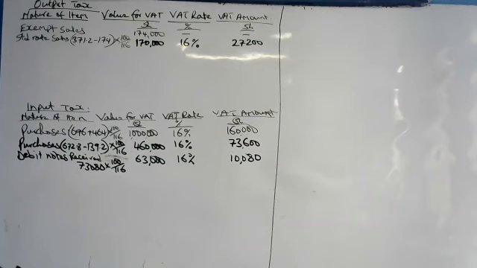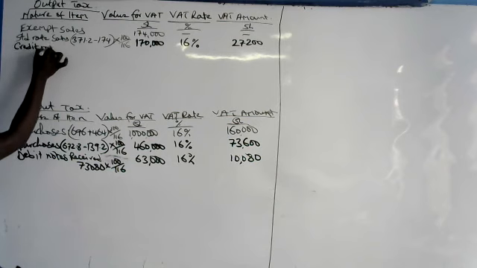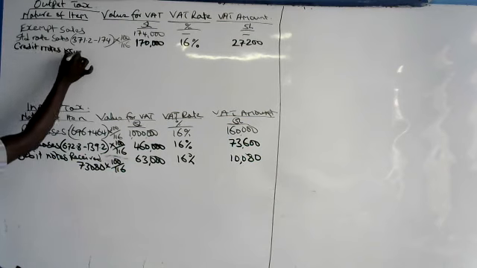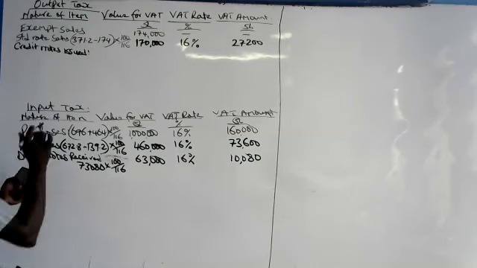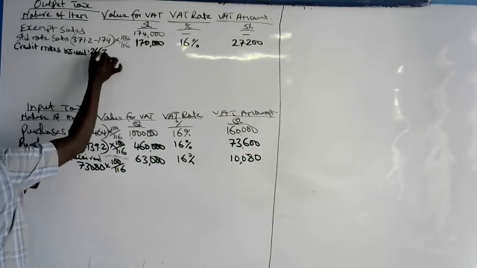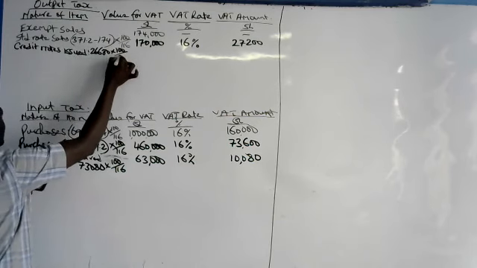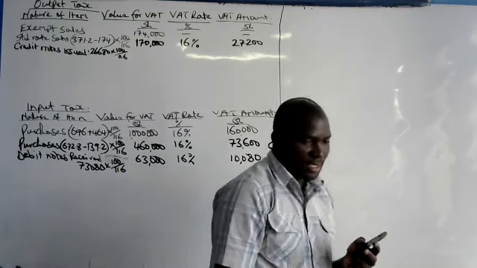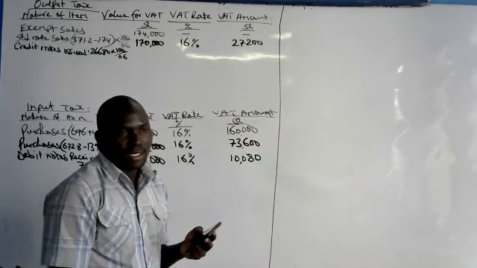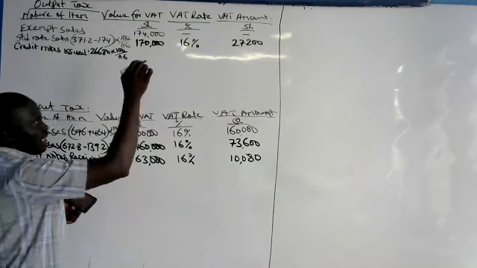Then number 5, issued credit notes. So issued to the customers. Customers in the output. So particular credit notes issued. $26,680. 100 over 116. $23K.